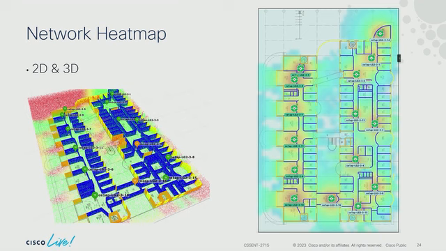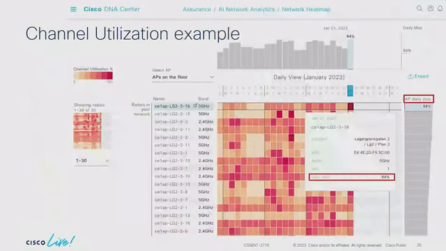And some other features, the AI analytics part here, is you can baseline the network, so you can see trends over time. And in this example, we're viewing the channel utilization. And in this particular area, it's not our building, so we share it with a lot of other people.